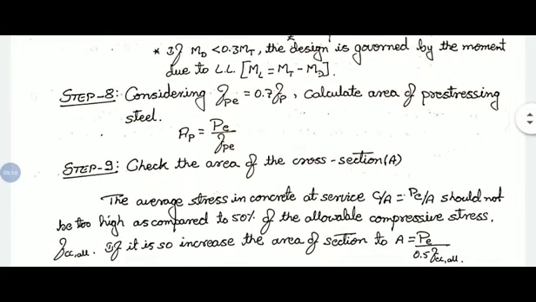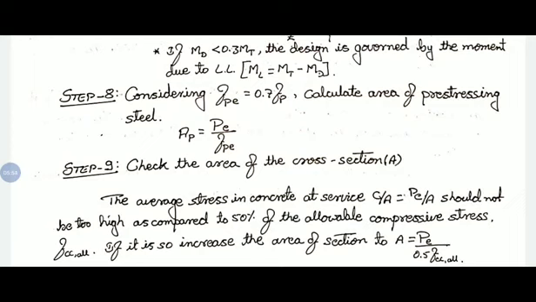Next step, FPE. FP is the material property we have considered. We need to apply some factor of safety, so we are going to consider 0.7 times FP. That is, if you have selected 1000 Newton per mm square as the strength of the tendons we are using, we need to consider 0.7 times 1000 as the effective pre-stressing stress.